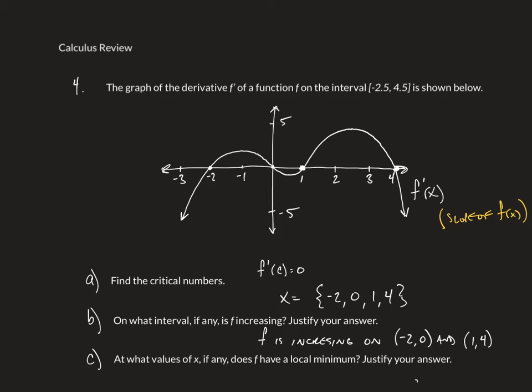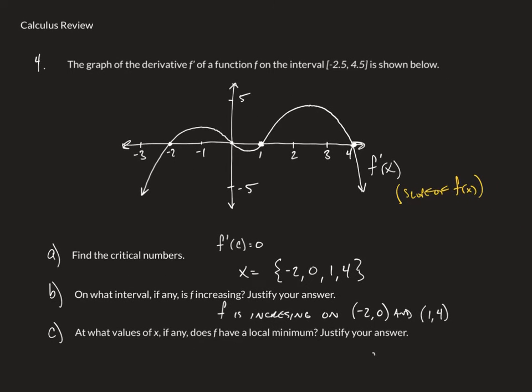And because we're asked to justify, that's because f prime is positive, so that indicates that the slope of f of x is positive over that interval as well.